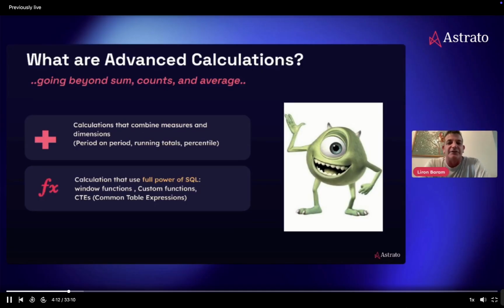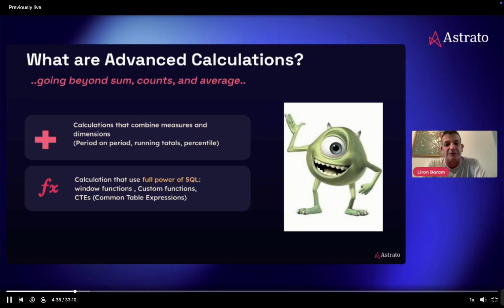Advanced calculation is going beyond sum, counts, and average. While everyone can do sum, counts, and average, in reality a lot of the time we need to add another layer on top of it to find our insight, to make a more meaningful analysis, to tell a story that we can explain to others. And this is where advanced calculation enters.